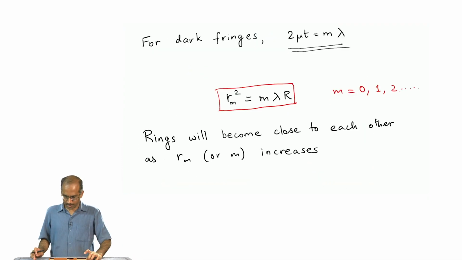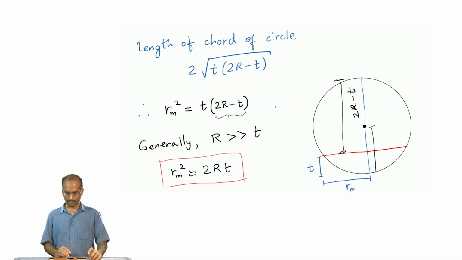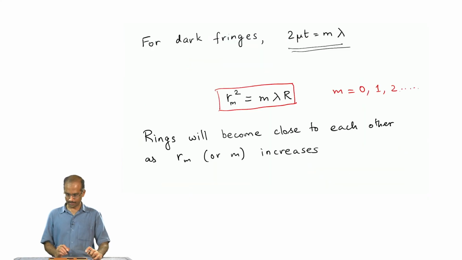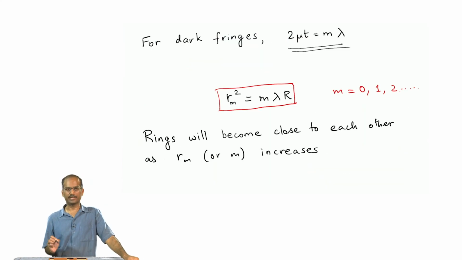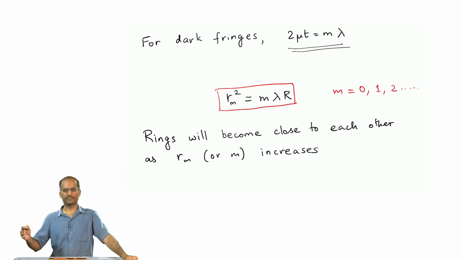So, substitute for 2T from this relation, that would be r square by capital R, and if I do that, it tells me that Rm square, the distance from the center for the mth fringe, is equal to m times lambda multiplied by R, and m is of course an integer.